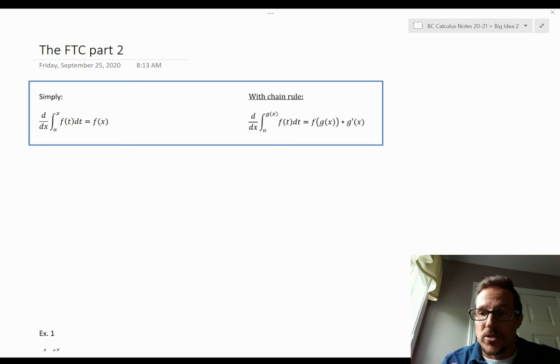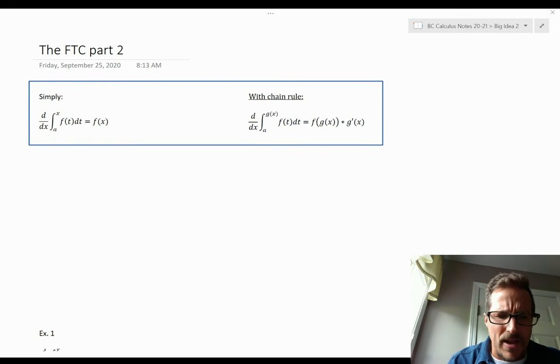We can actually use that fundamental theorem of calculus part 1 as we explore the ideas of integral functions, like being able to take derivatives of functions, being able to talk about the concavity of functions. We need to be able to take the derivative of these integral functions.